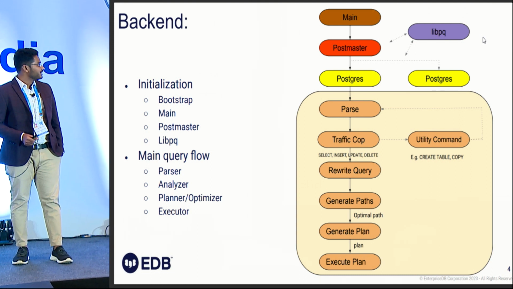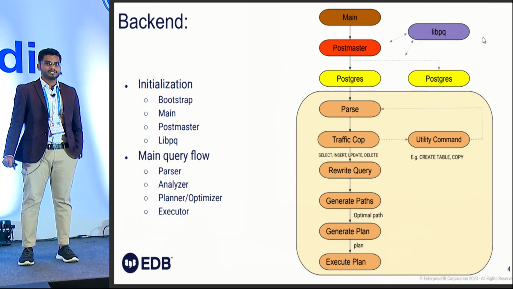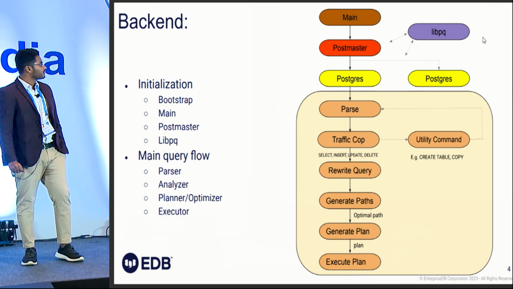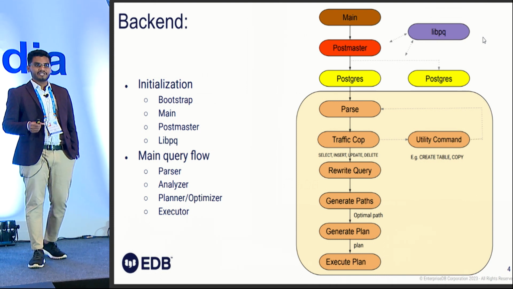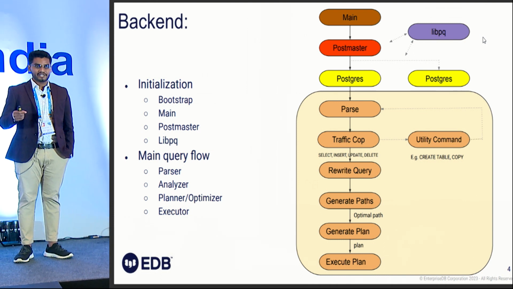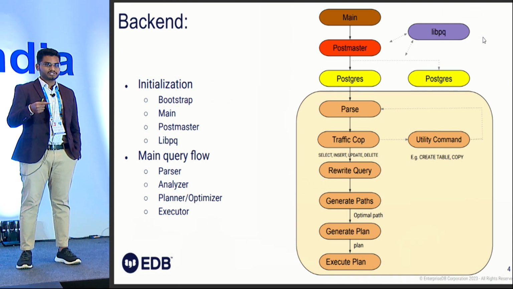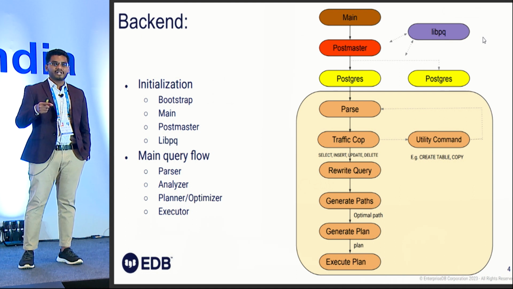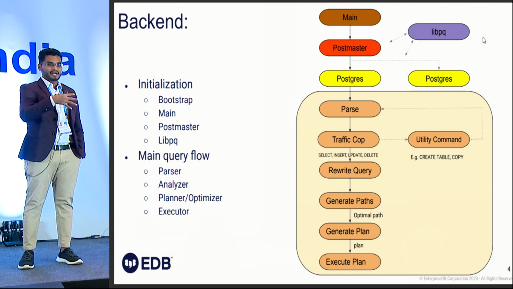So, the next element is postmaster. This controls the startup and the termination of the Postgres server process. The postmaster creates the shared memory initially and then goes into a waiting state to accept connections. When a new connection comes, it forks the server process that we call a Postgres server process, and that connection is assigned to that backend server process.